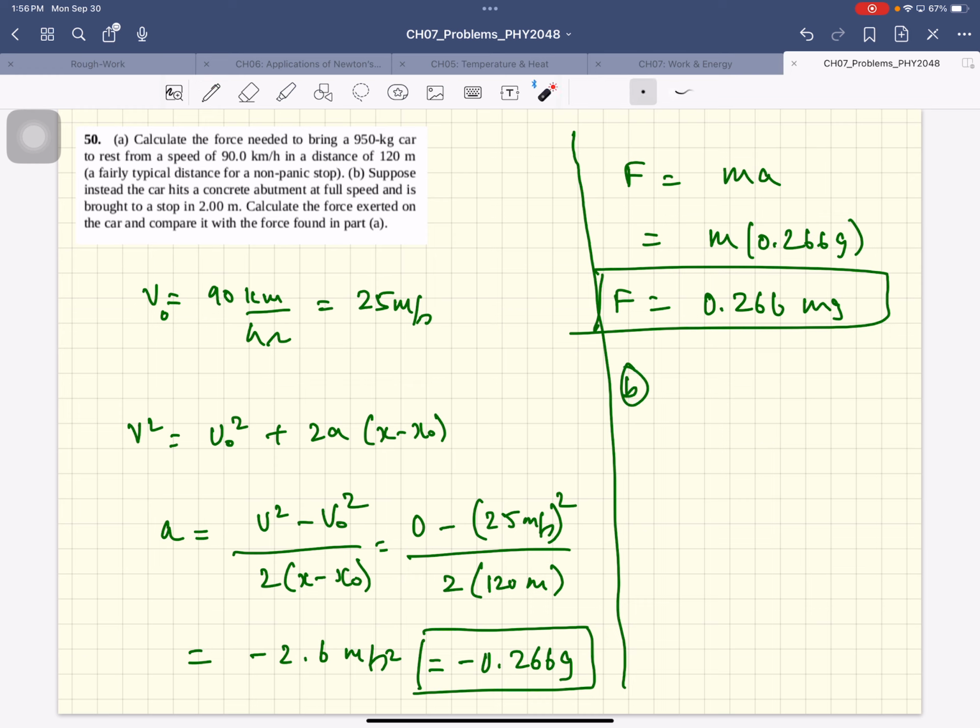Now, suppose instead the car hits a concrete abutment. So if a wall jumps in front of you and stops in 2 meters. So now instead of that being 120 meters, that's 2 meters. That's 60 times smaller. So the acceleration would increase correspondingly. So the acceleration would be 0 minus 25 squared divided by 2 into 2.